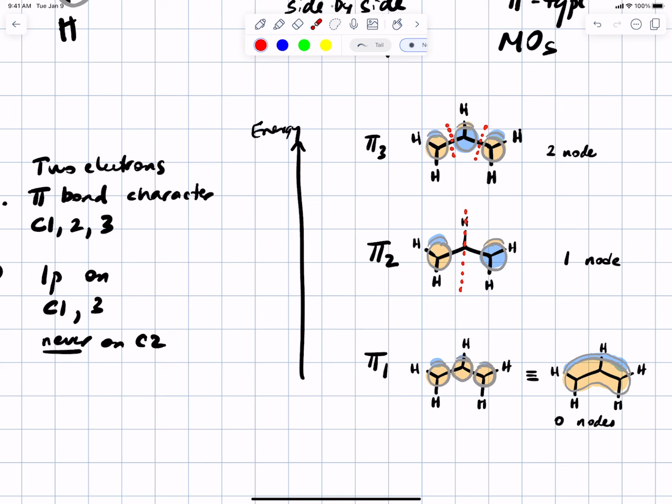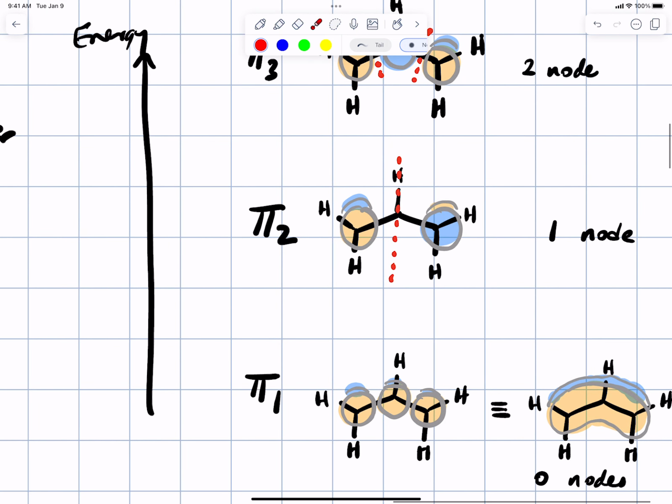Pi 3, because we have opposite sign overlap between carbons 1 and 2 with a node in the middle, and between 2 and 3 with a node in the middle, we will call an anti-bonding orbital. Pi 2 turns out, as your study guide explains, there's no overlap on adjacent atoms, so we'll call this a non-bonding orbital. And it's about the energy of the starting p orbitals that you began with.